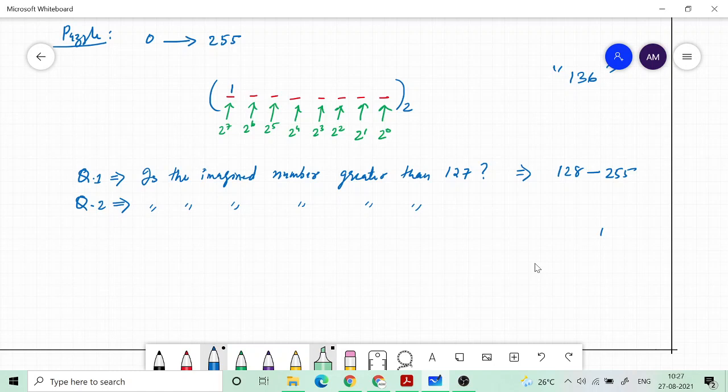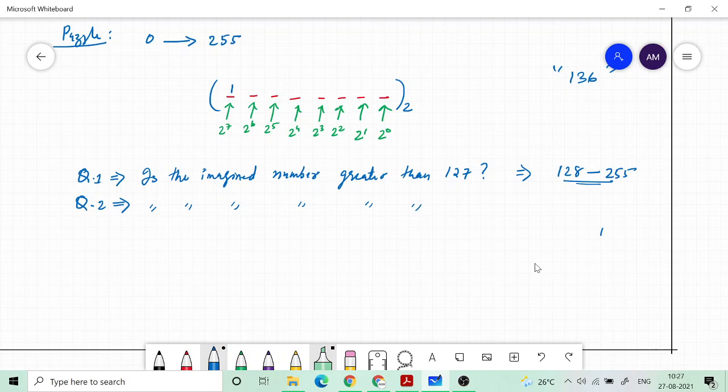You have to frame a question properly. We have excluded 0 to 127 by the first question itself, so there is no point in searching for the number in that range. Now we need to look in this range only. So the question should be such that we exclude half of the possibilities in this range.